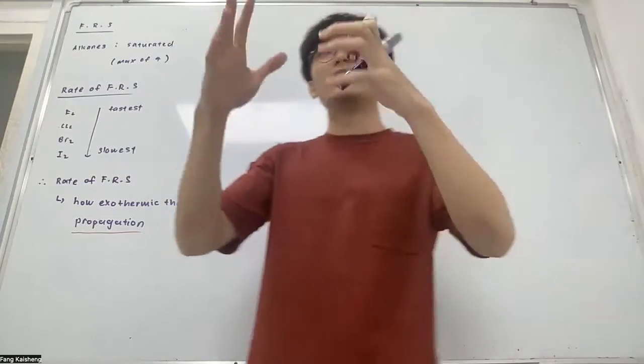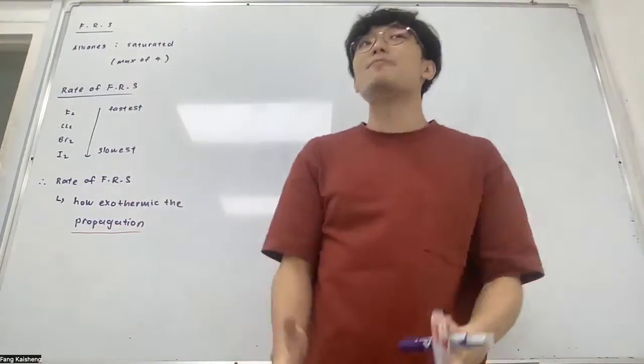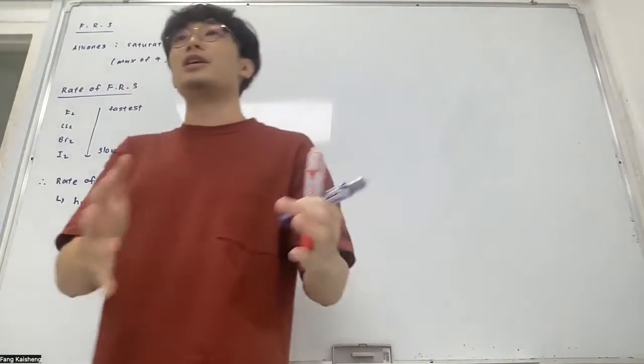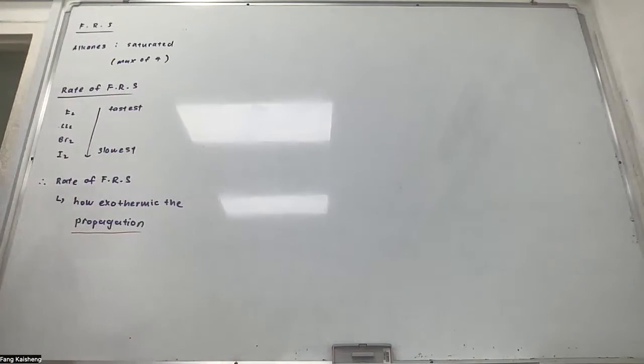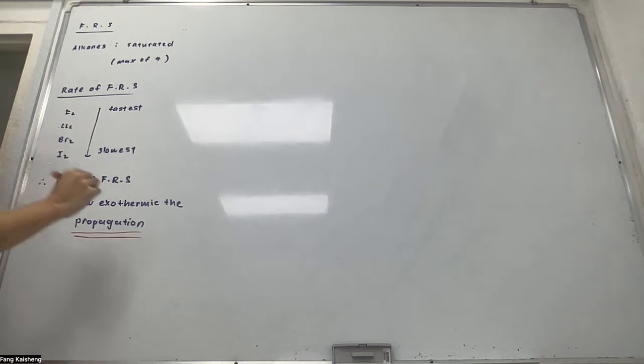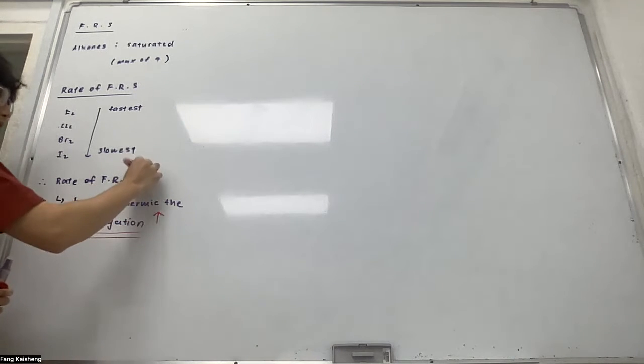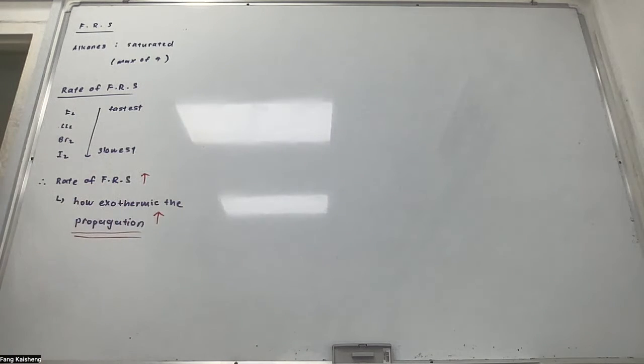As a result, like 90% of FRS is your propagation step because it keeps repeating itself. Termination is very fast. The moment the reaction finishes, it just reacts one time. Initiation is only at the beginning. That's why it doesn't take up most of the reaction. So in other words, we are just focusing on the propagation step. The more exothermic the propagation step, the higher the FRS rate.